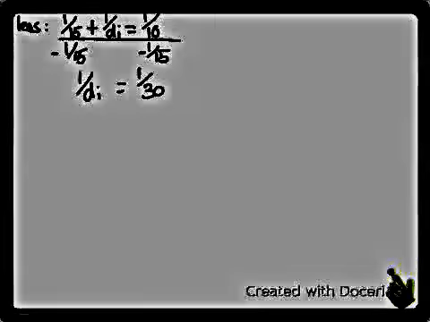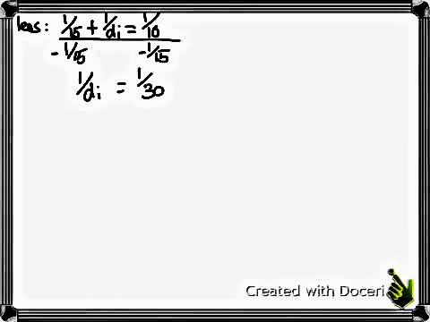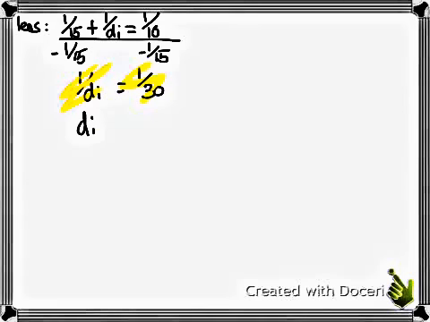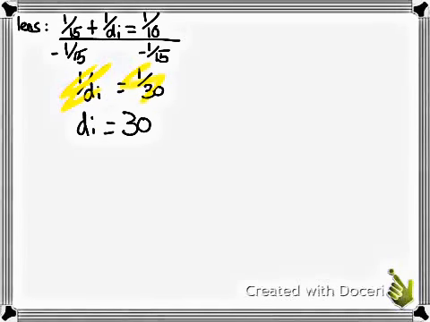So subtract that 1 over 15 on both sides, and you're left with 1 over d_i equal to 1 over 30. So d_i is equal to 30. Now that we have d_i, we can look for our magnification.